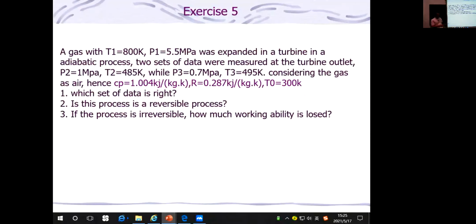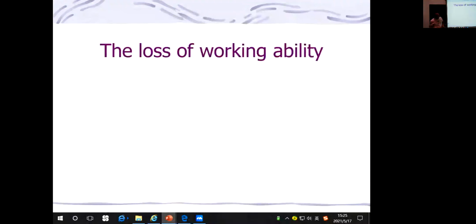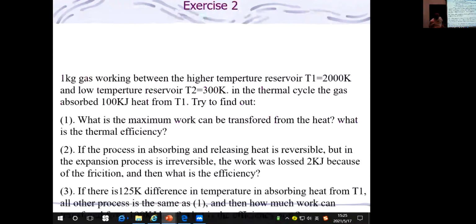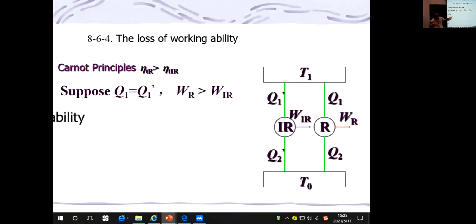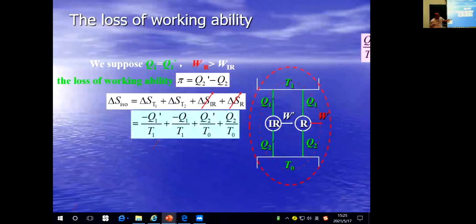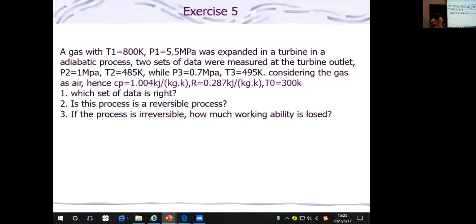You just try to answer these two questions. This one we did not learn in our class, because in our plan I tried to talk about the lost working ability, but we don't have enough time now. So I think it's okay for you. You just try to answer questions 1 and 2.